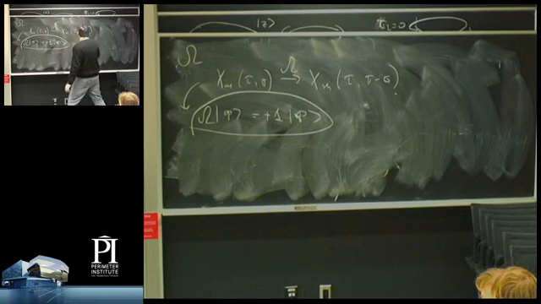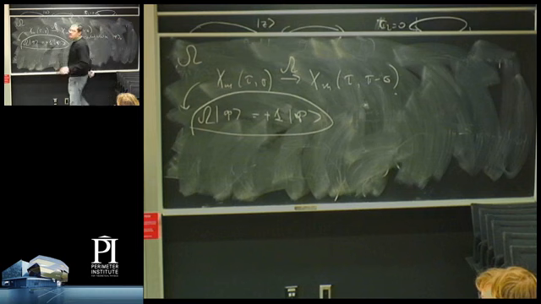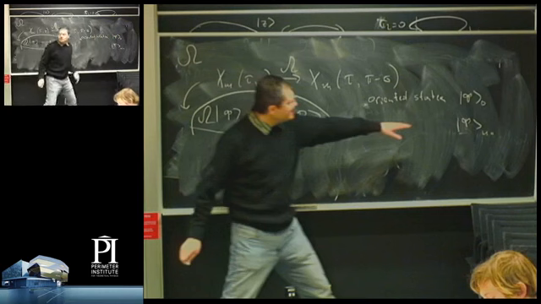Suppose I have oriented string states, which I denote with a subscript O, and then I have unoriented string states, which I denote unoriented O. So how do I get this state from this one?